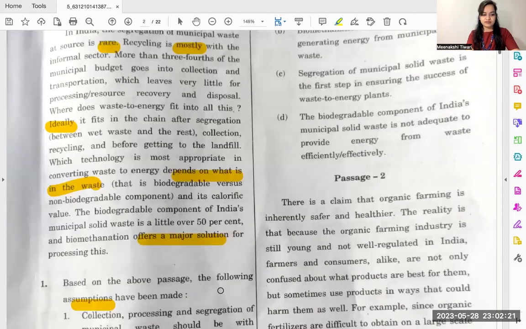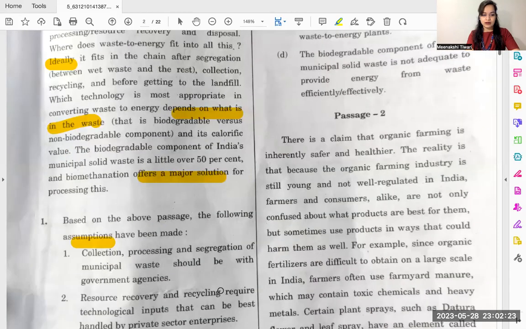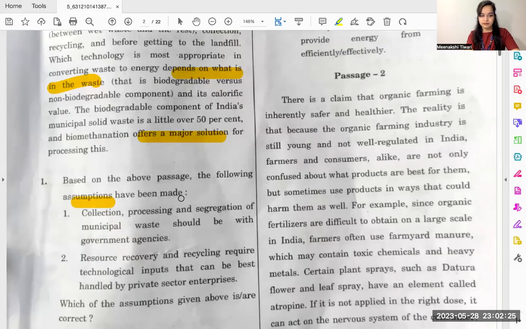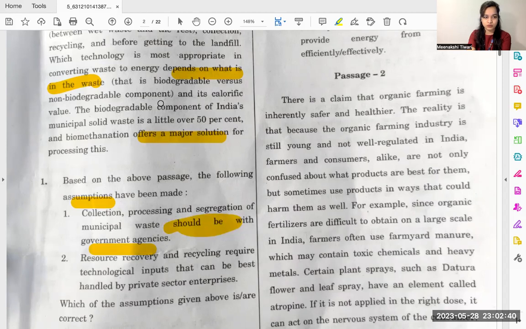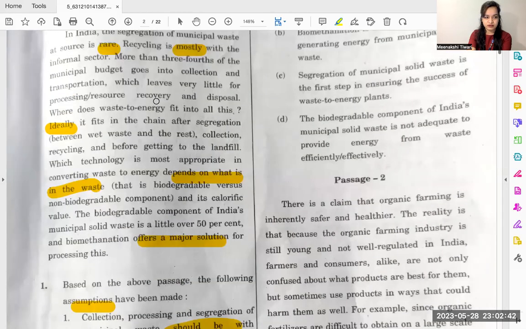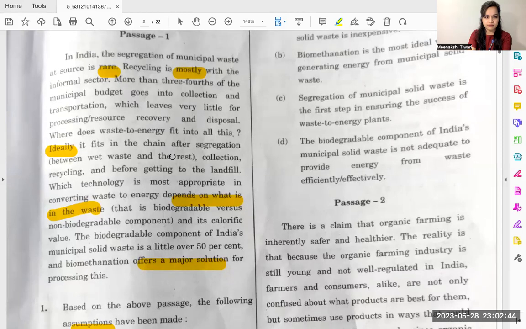Now the first question says, the following assumptions have been made. Which of these is or are correct? Collection, processing, and segregation of municipal waste should be with the government agencies. Are we reading a debate over private or government?